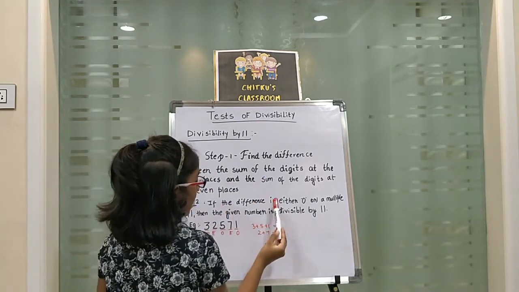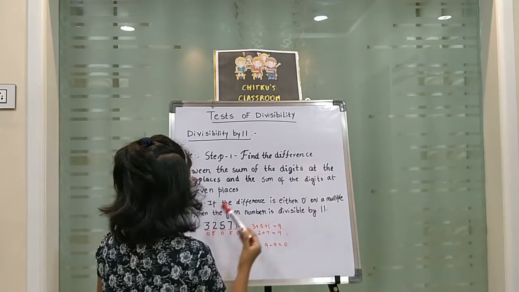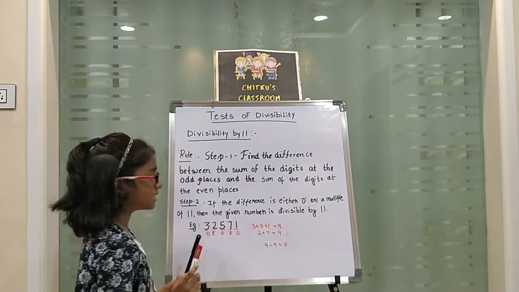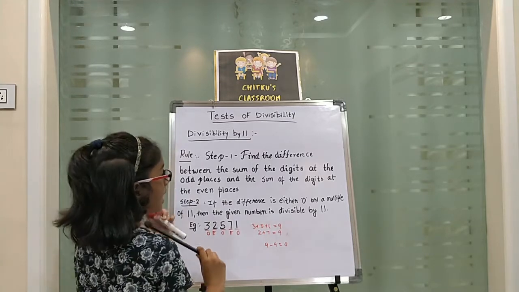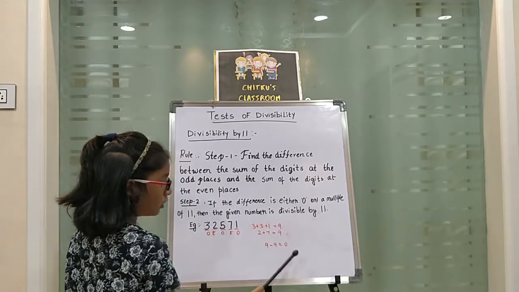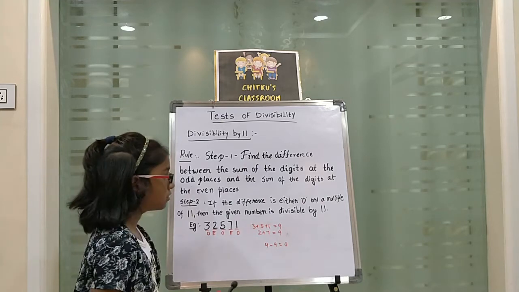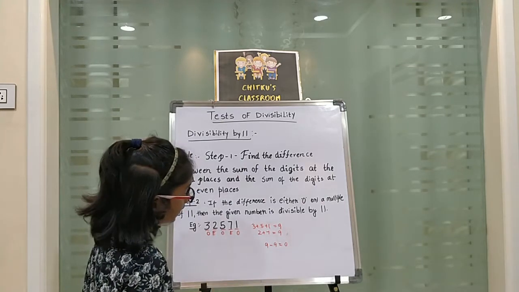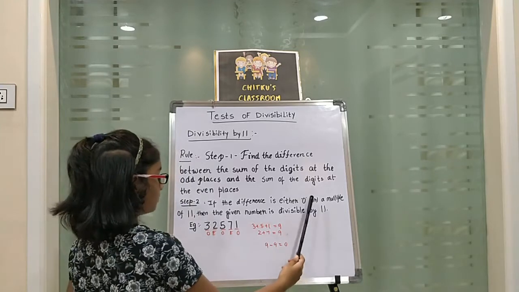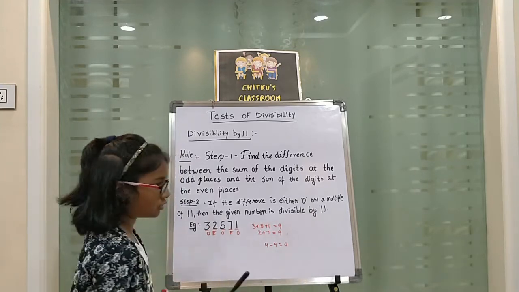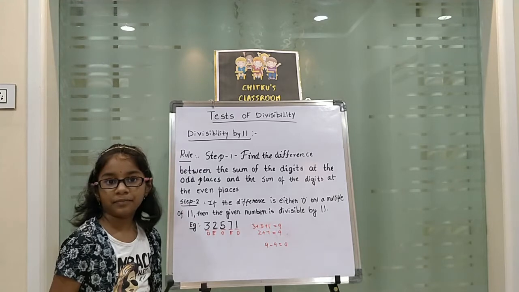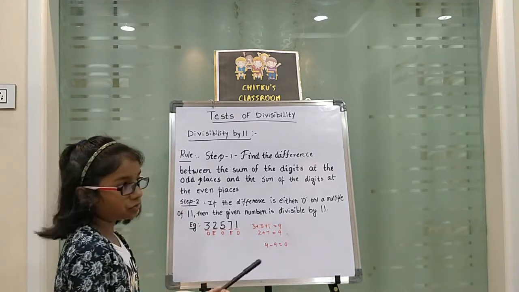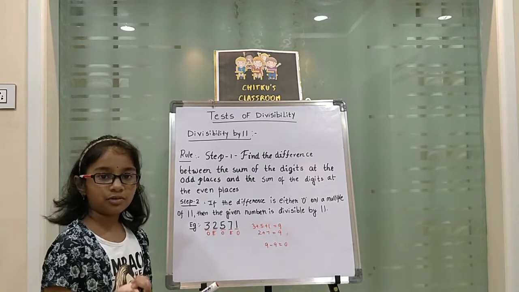If the difference is either 0 or a multiple of 11, then the given number is divisible by 11. We got the difference as 0, so that means it's divisible by 11, okay? A multiple means the numbers that come in the 11 table, like 22. 11 times 2 is equal to 22.